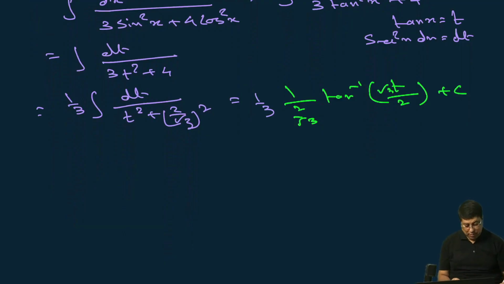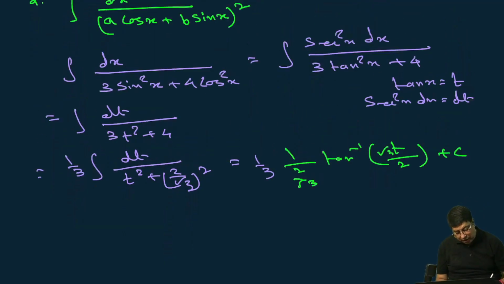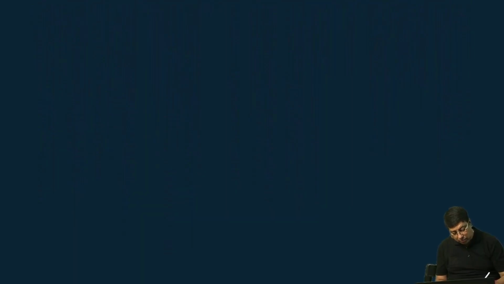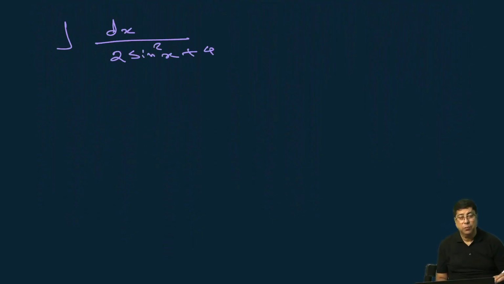For example, if I just tell you one such question, that is integration dx by 2 sin square x plus 4. Once again, we will multiply by sec square x in the numerator and denominator. What will we get here?